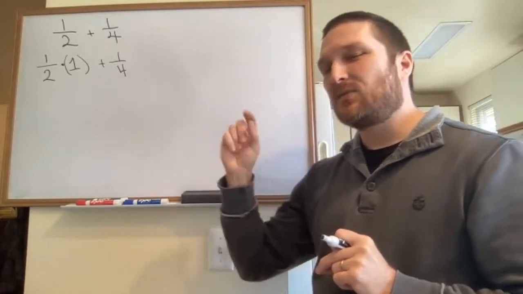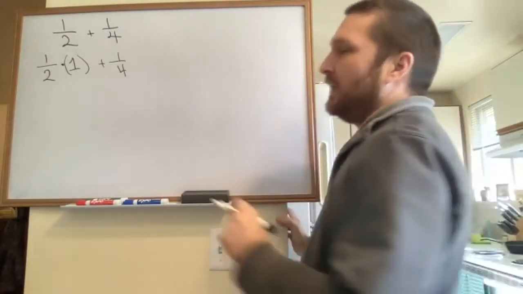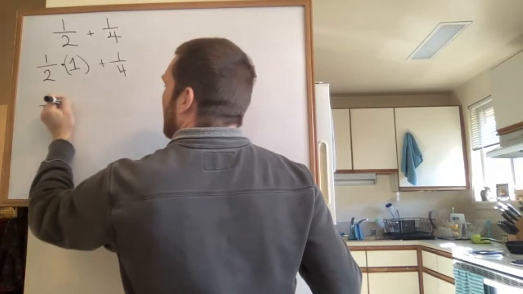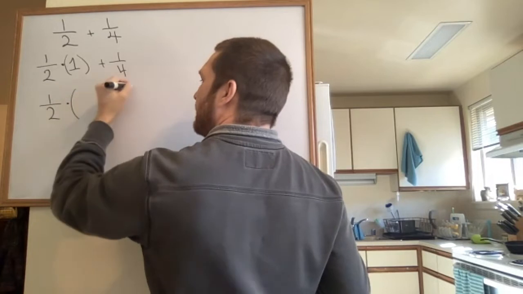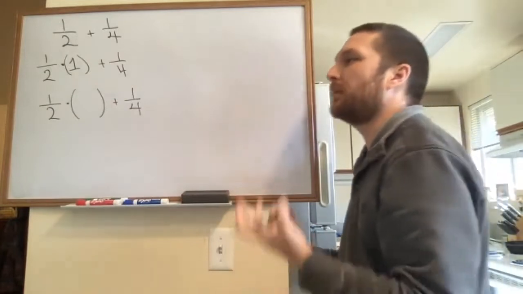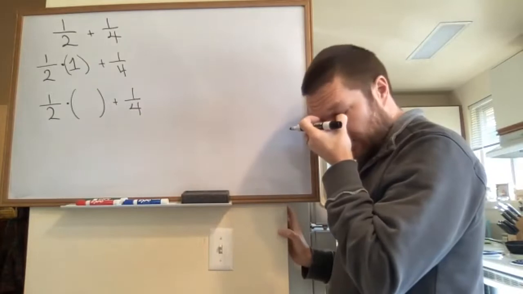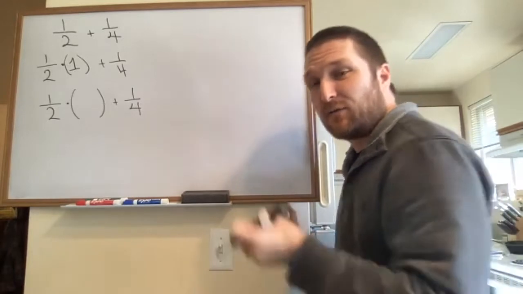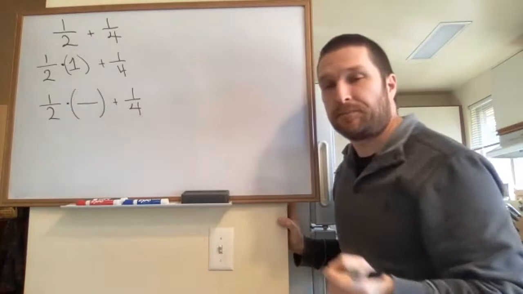I want to multiply by something, and the only thing I can multiply by is 1. Multiplication. What's the opposite of multiplication? Division. Turns out that I could write 1 as anything divided by itself.